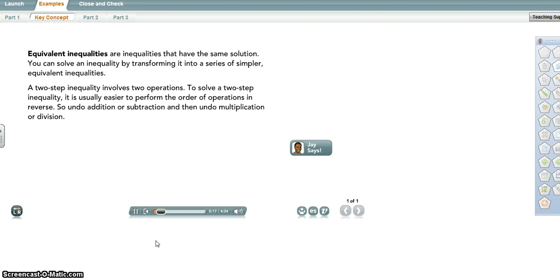To solve a two-step inequality, it is usually easier to perform the order of operations in reverse. So undo addition or subtraction, and then undo multiplication or division. Okay, that's just like what we used to do with equations. We always undid or canceled the addition and subtraction stuff, and then we worked on the multiplication and division.